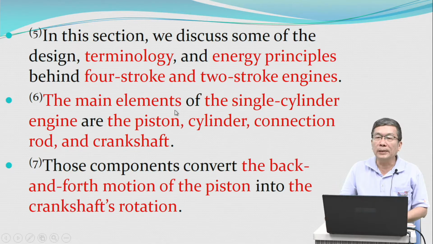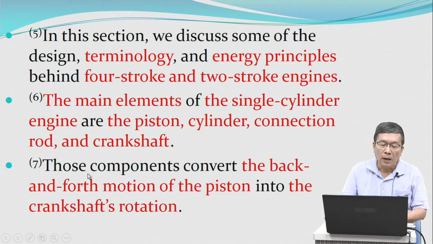The main elements of the single-cylinder engine are the piston, cylinder, connecting rod, and crankshaft. Those components convert the back and forth motion of the piston into the crank's rotation.